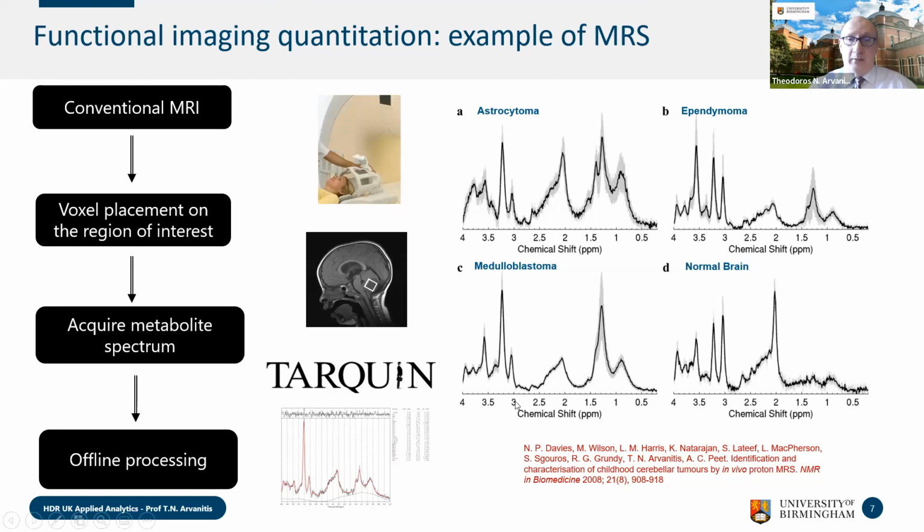If you just simply look at the profiles, you can immediately see that there is already a differentiation in these peaks. And potentially this led us to the idea that if we are able to quantify this appropriately and put them as part of machine learning exercises, and this was as early as 2008 when we did this work, we will be able to discriminate tumors diagnostically.